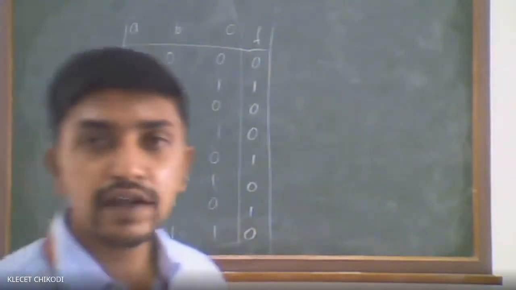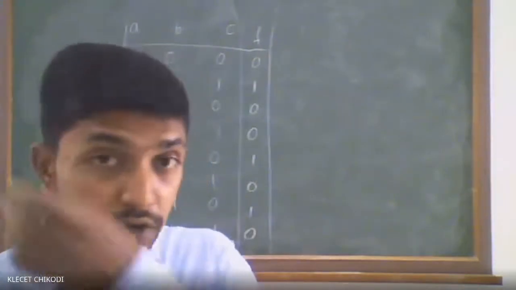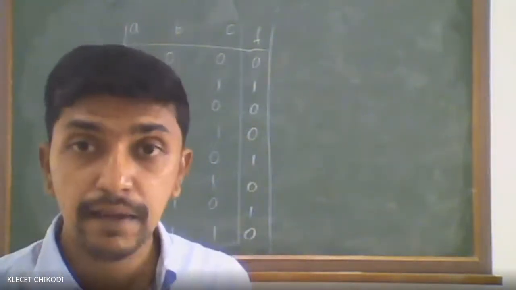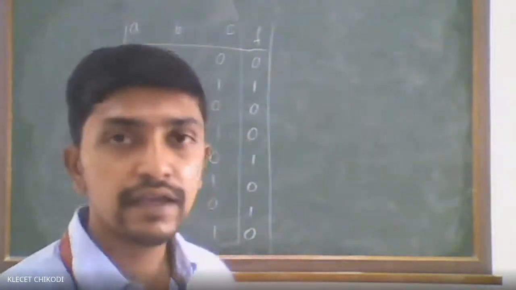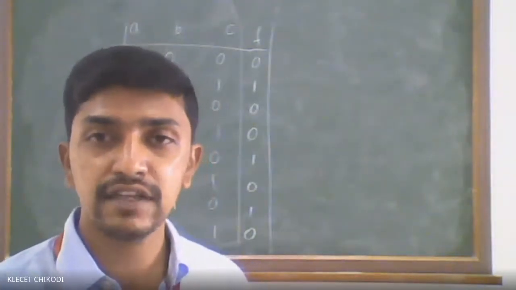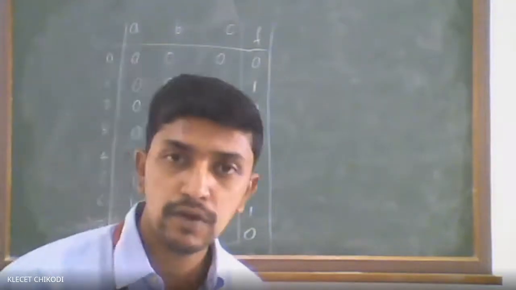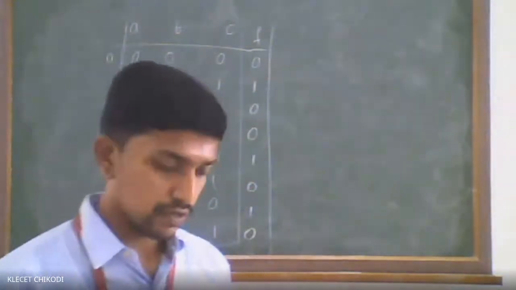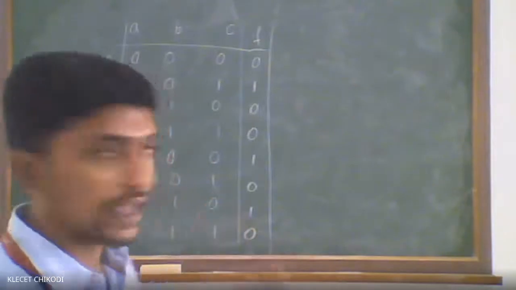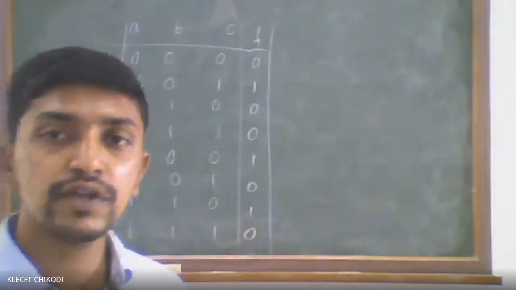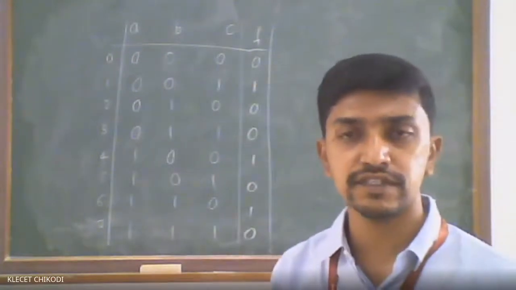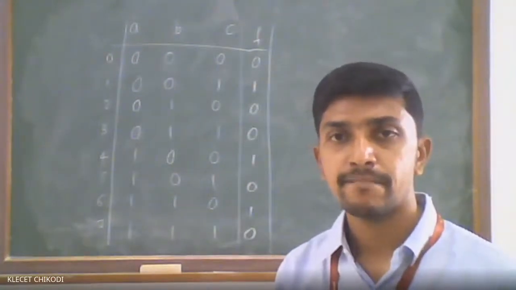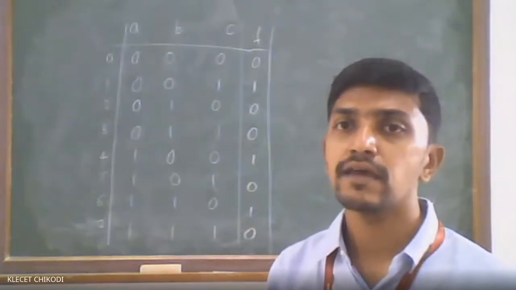Now, what they have mentioned here is you have to write the canonical max term function. If we are telling the canonical max term, then which one do we have to consider, the SOP function or POS function? POS function, sir.